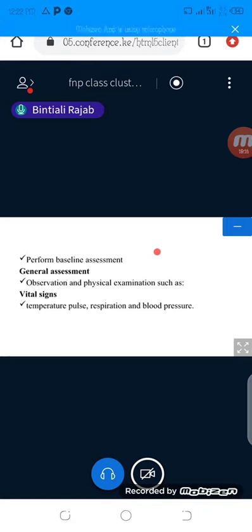If on day 1, the patient had a respiration of 28, and day 2 respirations are 18, you know that the patient is improving. So the importance of this baseline assessment is so that you can have some baseline reference points which you'll be able to use to see if the patient is improving or not. I hope we are clear on that.